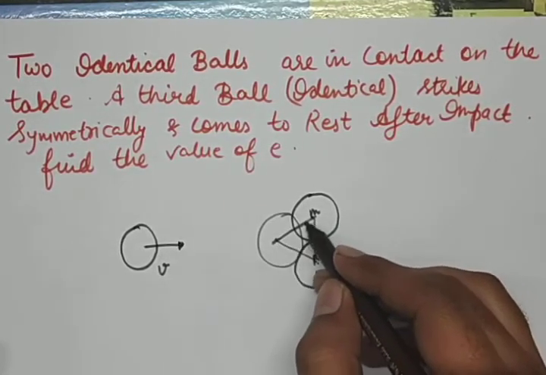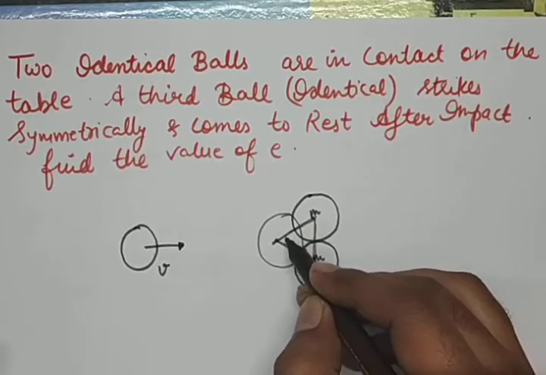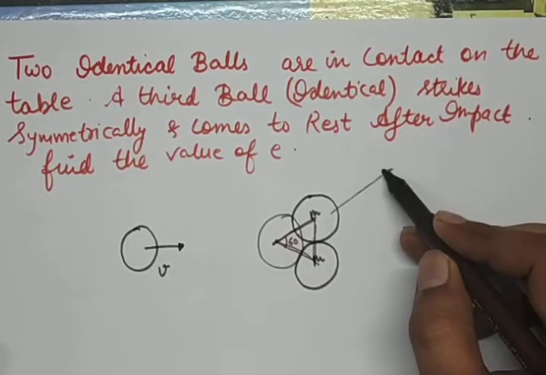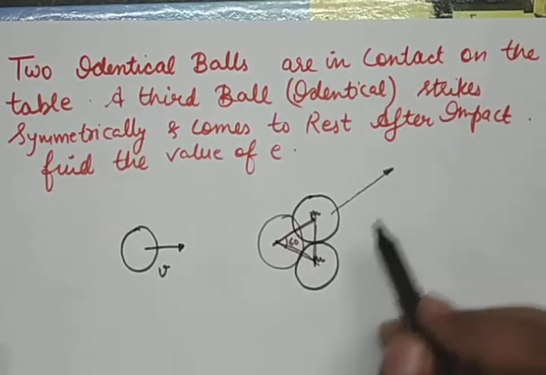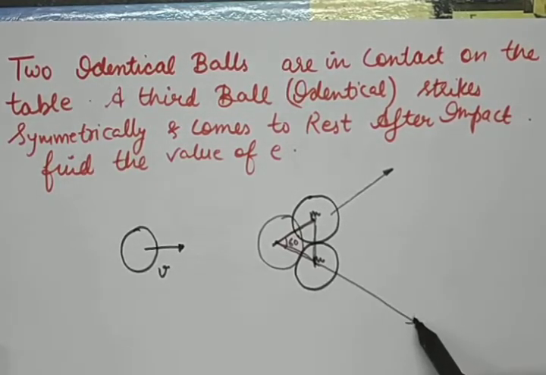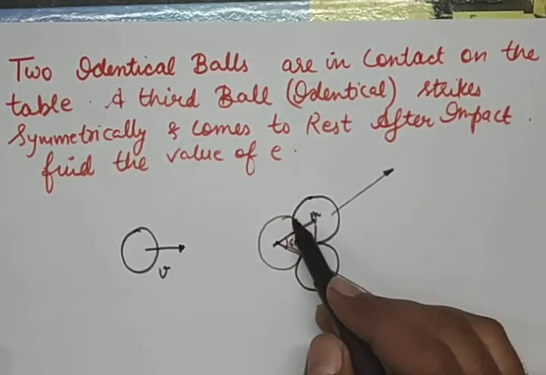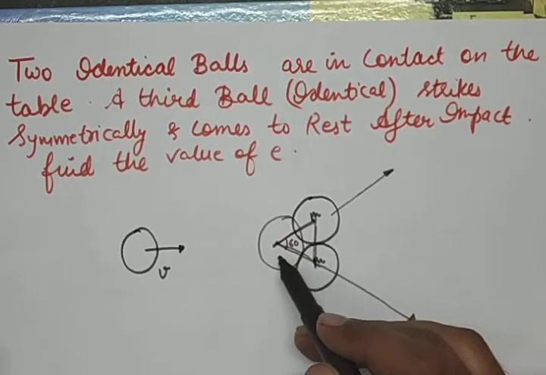This will be an equilateral triangle, and the angle between them is 60 degrees. So when this impact acts, this ball will move with some velocity, and this ball also moves with some velocity. And as it acts symmetrically, that's why the angle is 60 degrees.